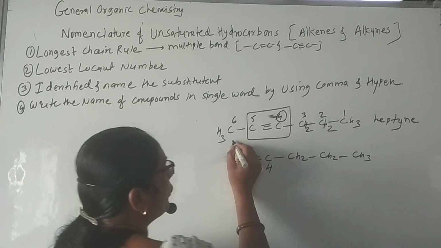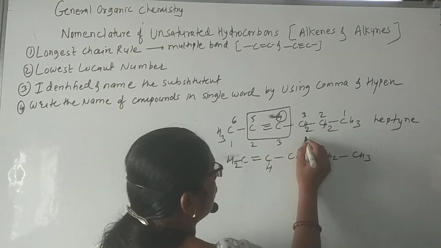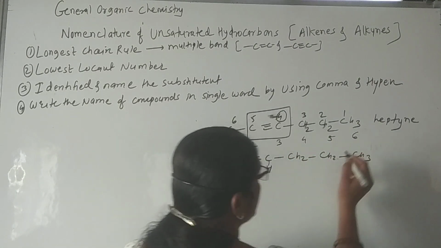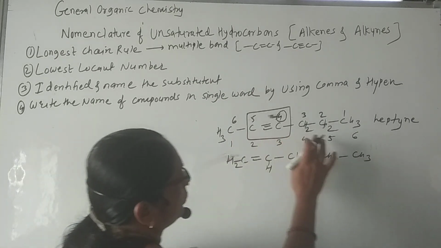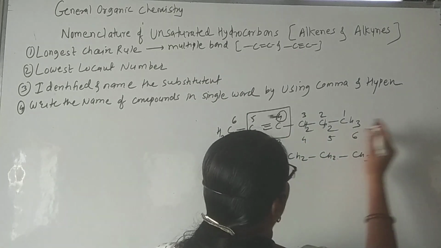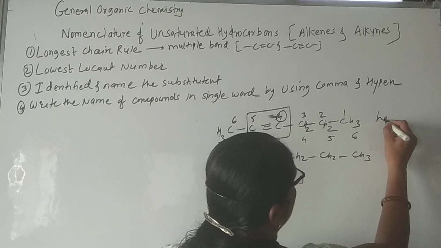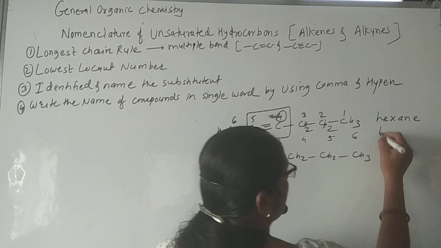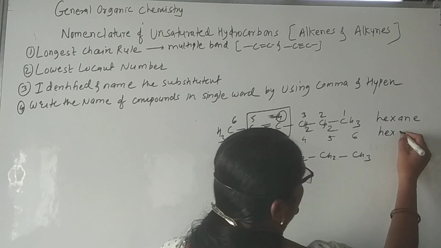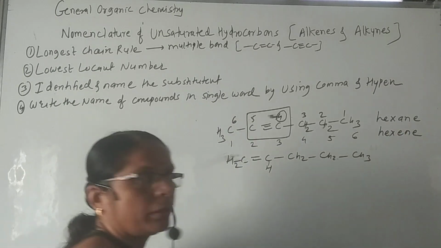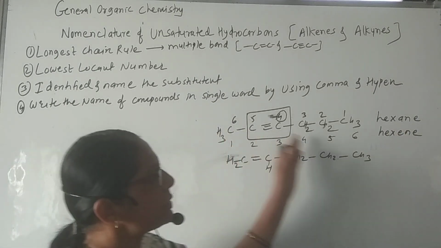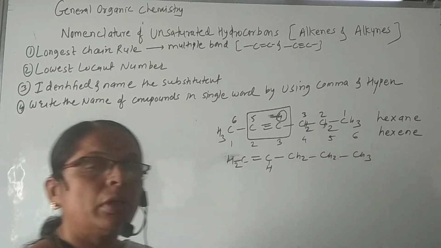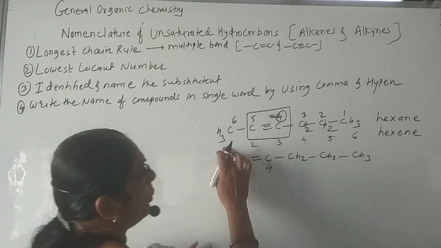But if you go from this side, 1, 2, 3, 4, 5 and 6. So it is a 6 carbon, so it is a hexane. So its parent is hexane. Sorry again, the total carbon are 6. So you can go from this side.